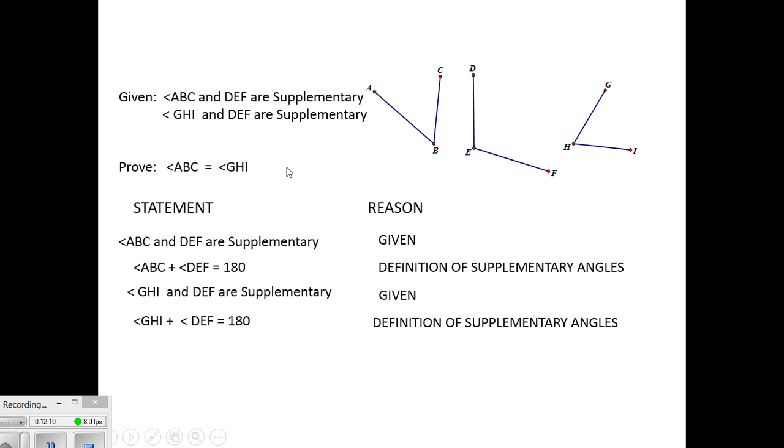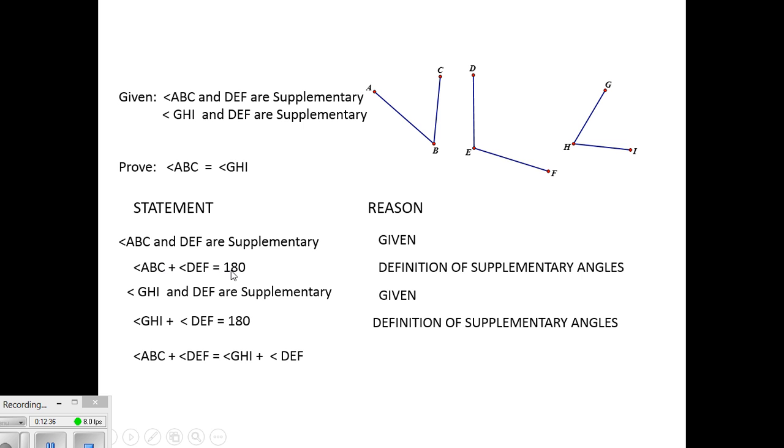Now, what are we after? Well, we're trying to show that ABC, this angle on the left, and this angle on the right, GHI, are congruent. What do we know? Well, we know we get 180 adding these up. We know we get 180 adding these up. So they are both equal to each other, since they're both equal to 180. So there we go, okay?